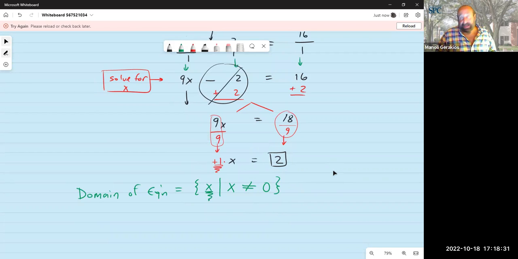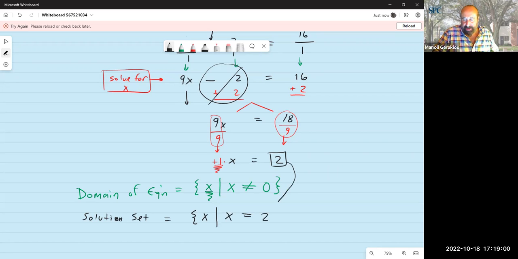Now, if I want to take time to check x equals 2, by all means do it. In fact, we'll scroll down. The textbook's going to do it for us to save a little bit of time. Look at the difference in a solution set for this equation. I want to write this so you see the difference between a domain and a solution set. x can be any real number as long as you only let x equal 2.